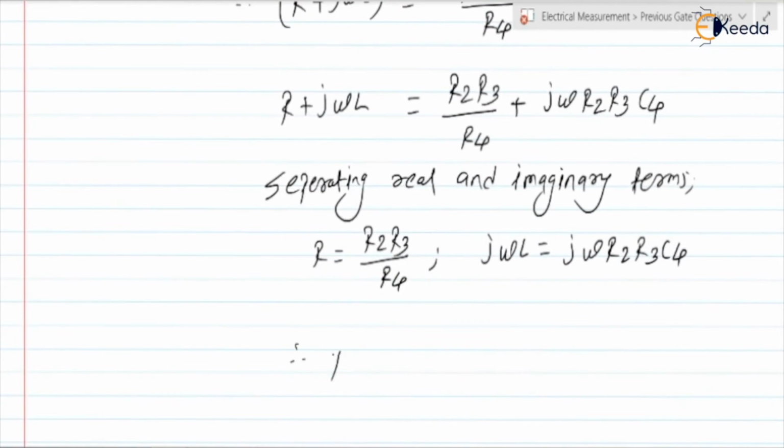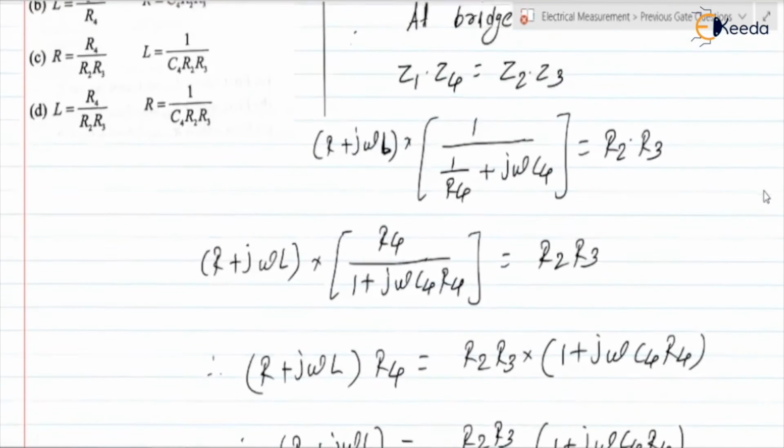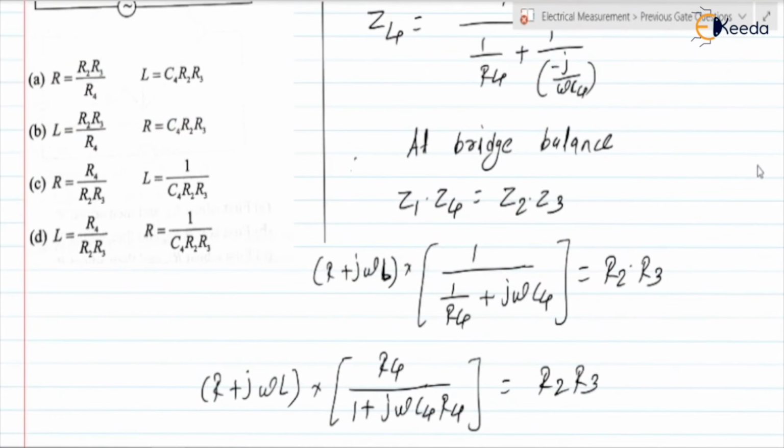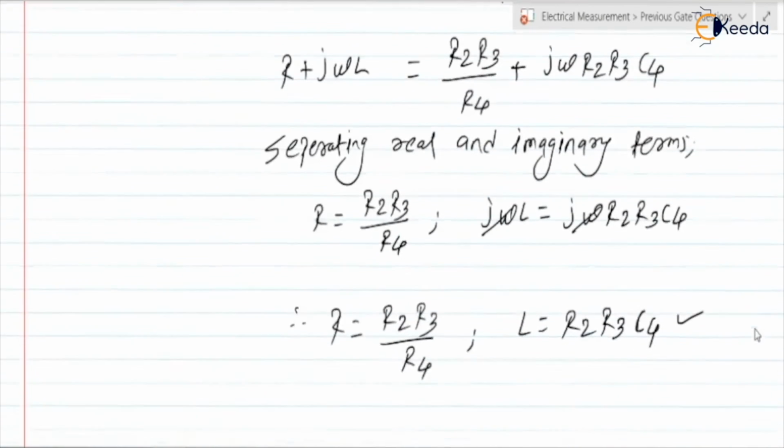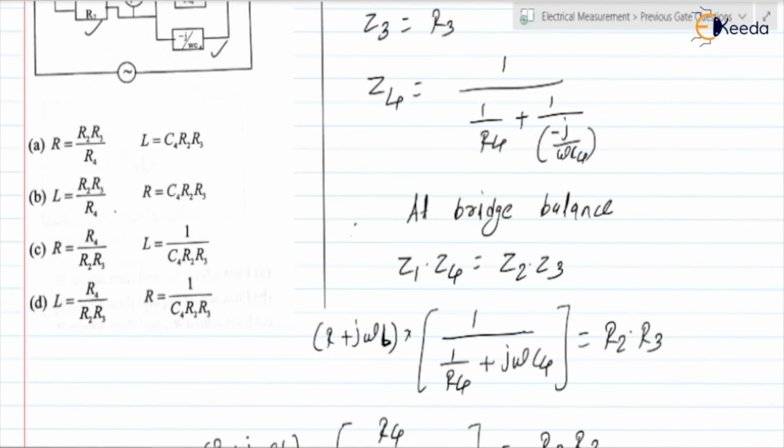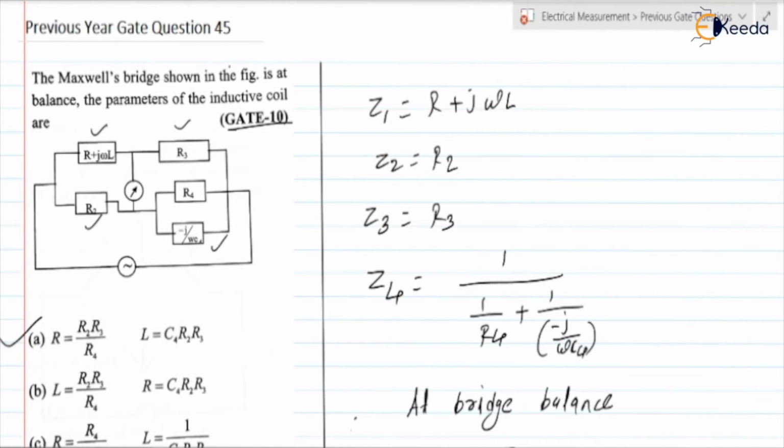So therefore we can write R is R2 R3 by R4 and L is equal to, J omega cancels out, right? R2 R3 C4, okay. So if you check the options, R is R2 R3 by R4 and L is R2 R3 C4, right? So the correct option is option E, right? So friends, this is about the previous year GATE question number 45.